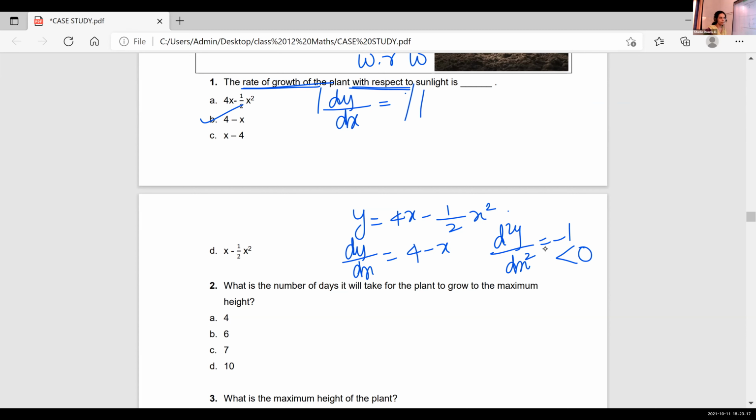So we get d²y/dx² = -1, which is less than 0. Then we want to find x, so dy/dx is 0. So 4 = x. What is the number of days needed? x = 4. Are you able to understand this, children?